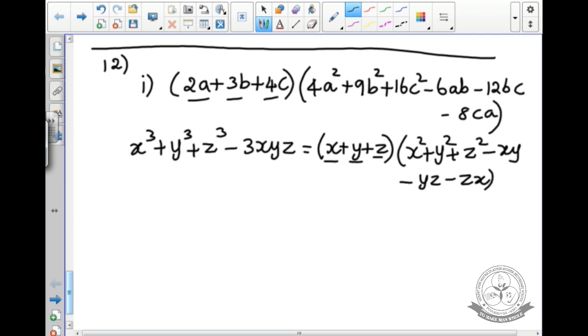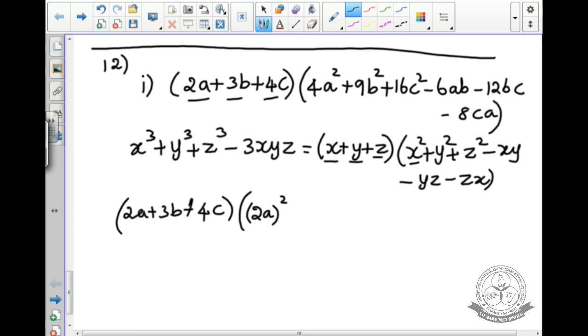Okay, so I can write 2a plus 3b plus 4c plus 4c into 4a square. 4a square means I can write 2a whole square, because here x square.